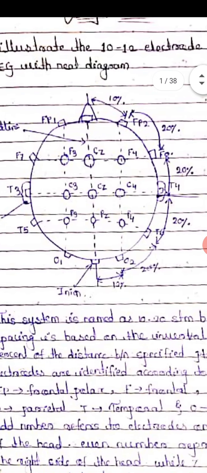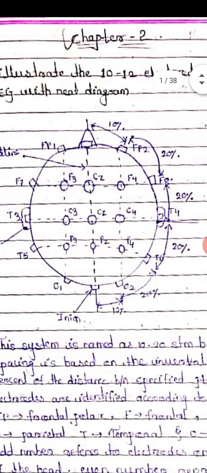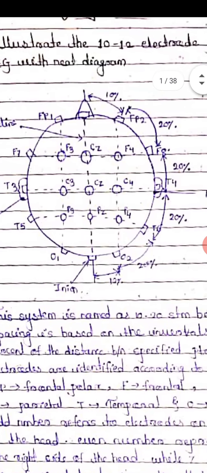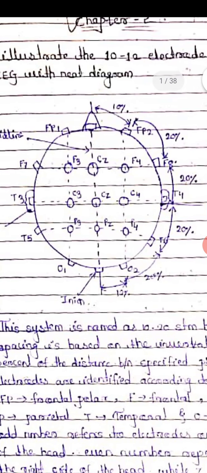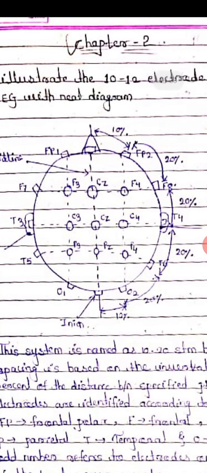How do you start drawing the diagram? Here are the inion point and the nasion point. First, draw the line from the inion point to the nasion point, which is the central line. After that, connect the two ears, A1 to A2. Then, from the nasion point, take 10% of the total distance.